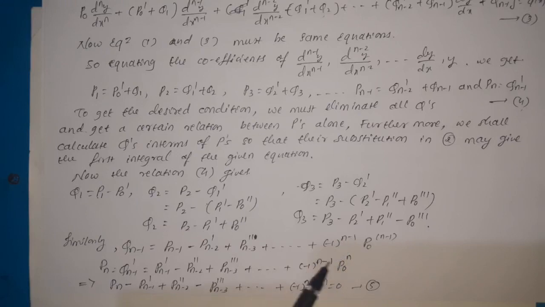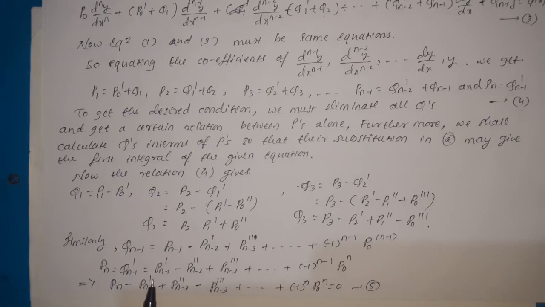This will be n minus 1. We need to increase the derivative once, so the n minus 1th derivative becomes the nth derivative.